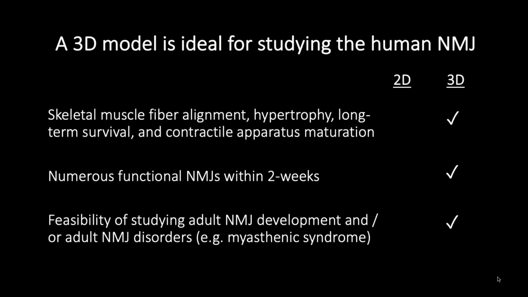And so with this, we can conclude that a 3D culture model has many merits for studying the human neuromuscular junction. We see that skeletal muscle fiber alignment, maturation, and survival is improved in the context of the 3D culture. In comparison to 2D culture, we have many functional neuromuscular junctions present within a 2-week period.